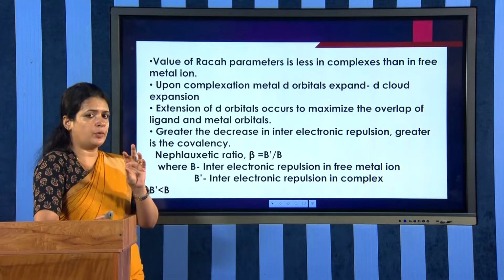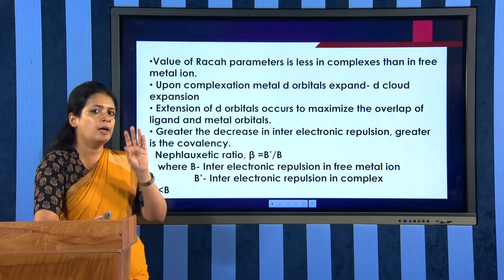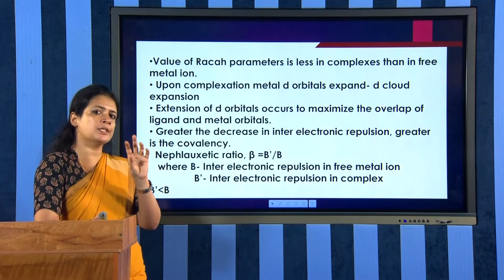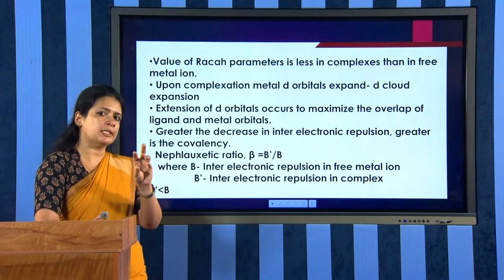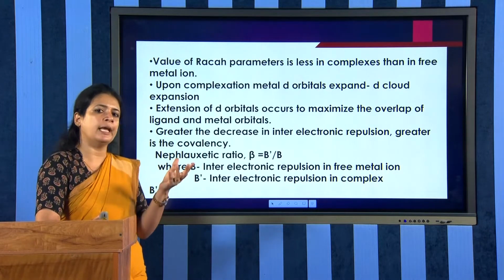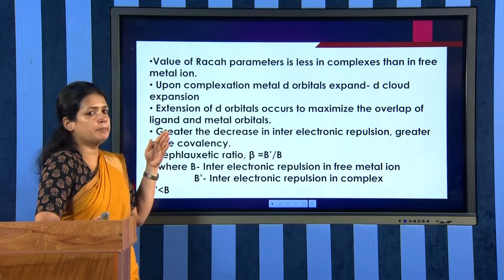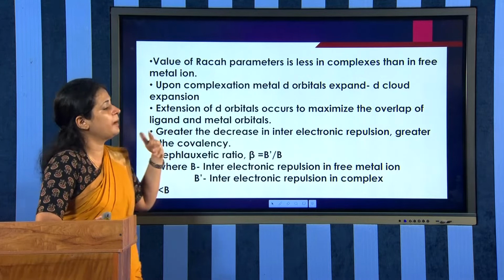When the free metal ion is considered, there are obviously d electrons, and the interelectronic repulsion in the free metal ion will be greater than when that metal ion is complexed with ligand. And upon complexation, the metal orbitals expand.